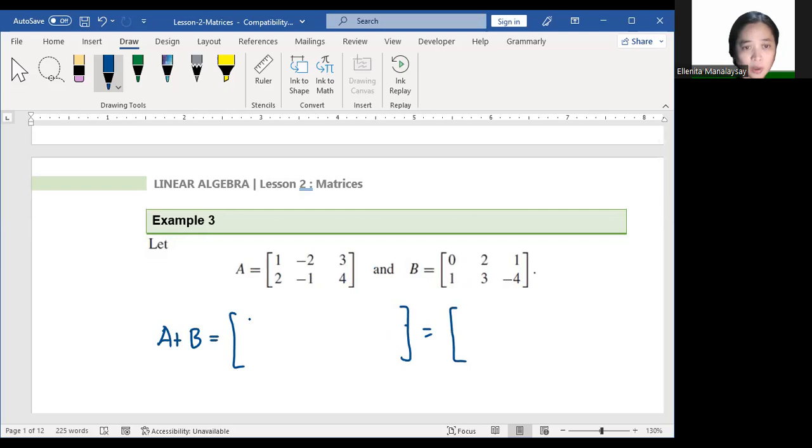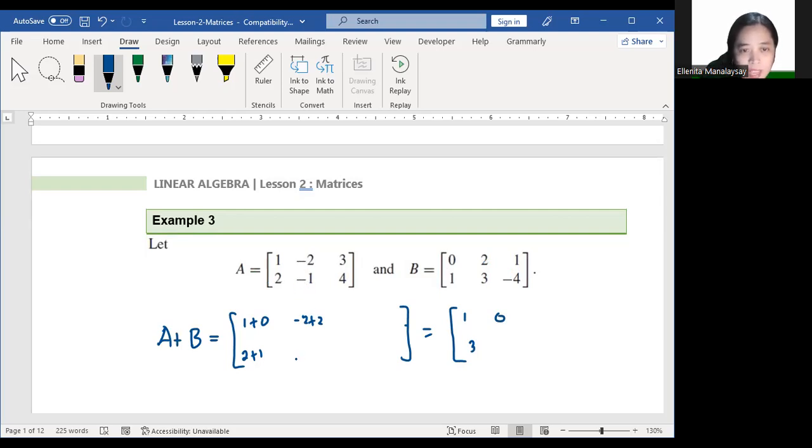So sa first row, we have 1 plus 0, that's 1. So we have 2 plus 1, that's 3. And then second row tayo, negative 2 plus second row dito, that's 2. That will give us 0. And then second row, oh, that's second column, I'm sorry.